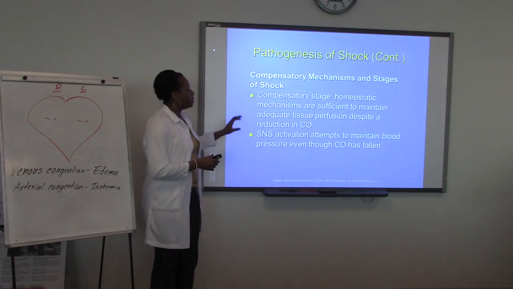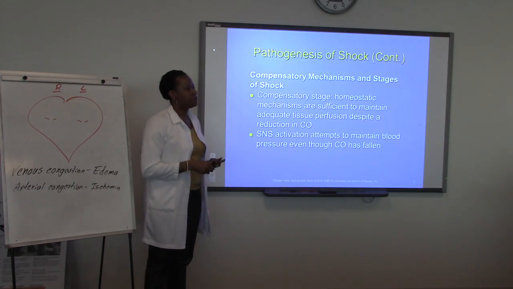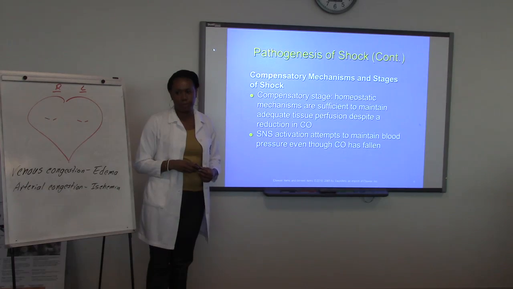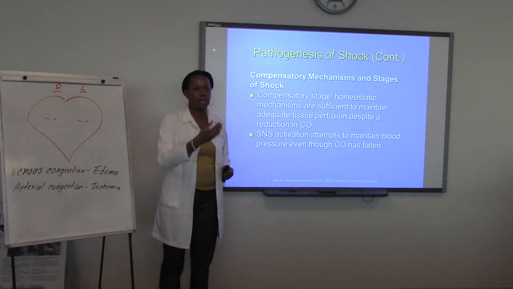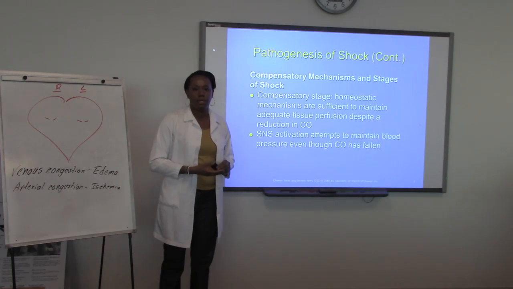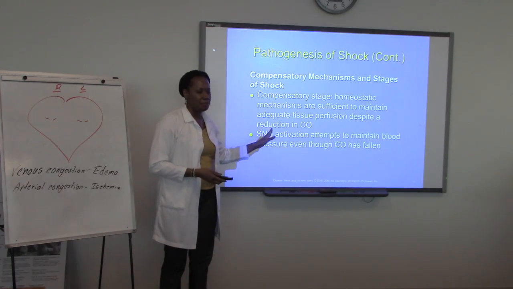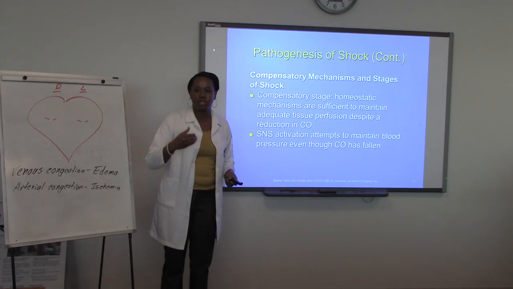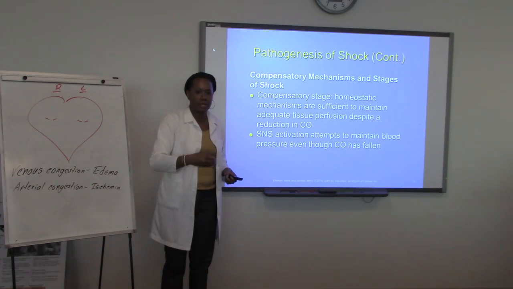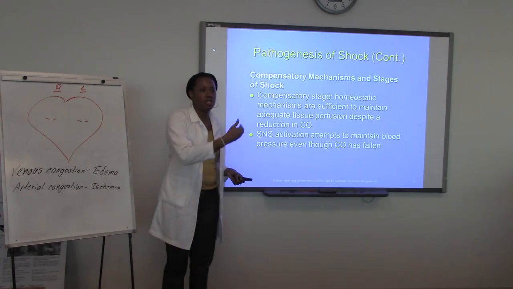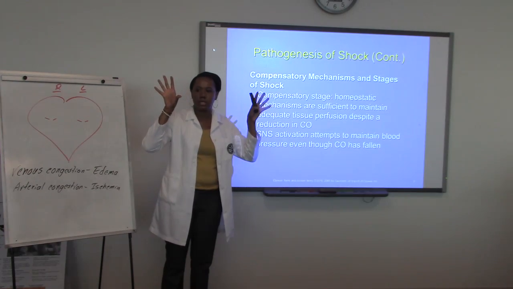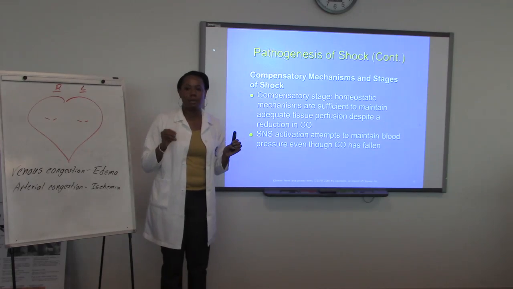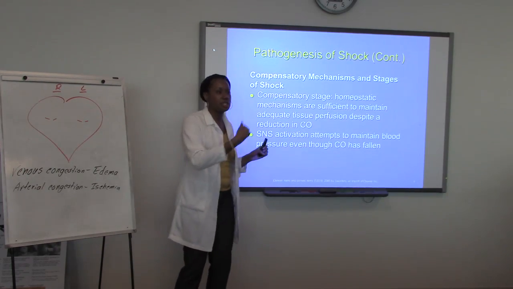So this particular slide covers the compensatory mechanism. I'm going to repeat this; we talked about this the last time we met. You'll see they talk about the compensatory mechanism for each and every shock. The main focus here is that you should understand that compensation continuously occurs.